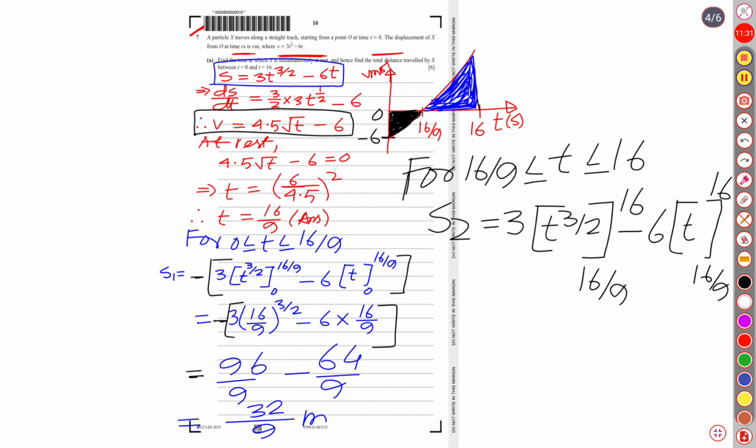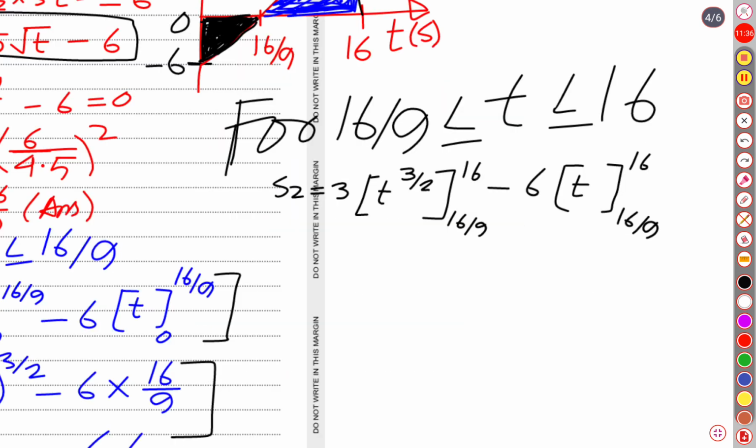Okay, now if we substitute our values, we will get S2 is equal to 16 raised to, remember we don't need to put a negative symbol at the beginning because it is already lying above the x-axis.